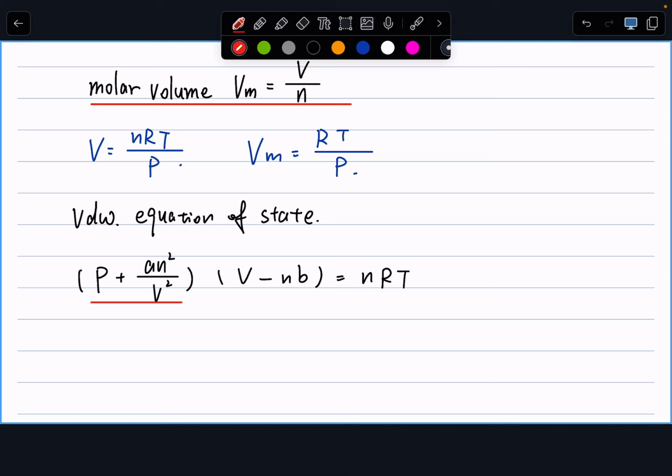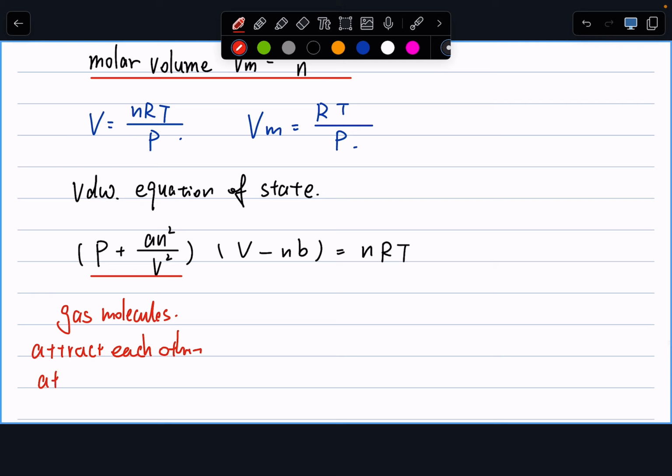In the first part, what we are saying is that gas molecules attract each other at certain distances. And on the right-hand side, this nb tells you the gas molecules are now treated as solid balls. They have volumes, they cannot occupy the same space, instead of the volumeless points that we were referring to in the ideal gas.